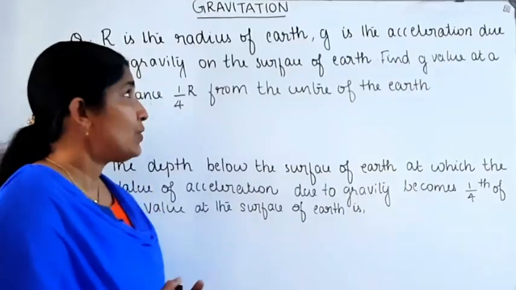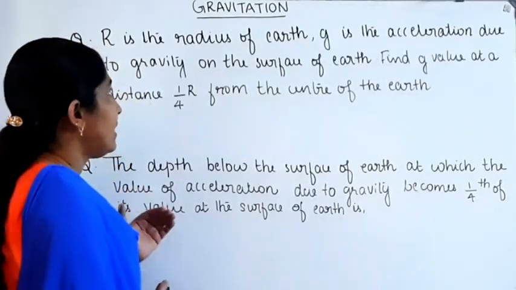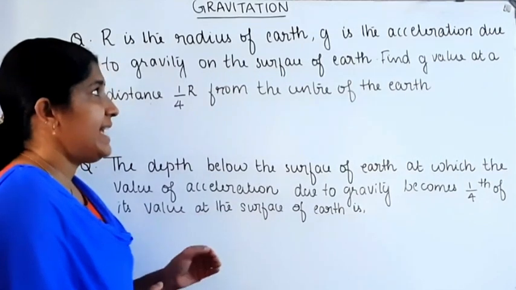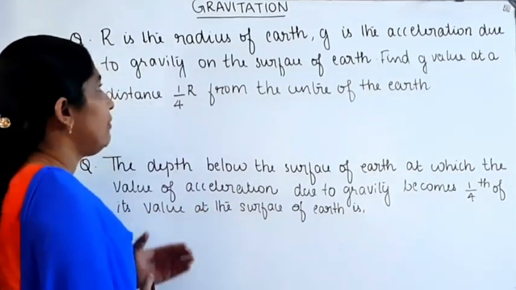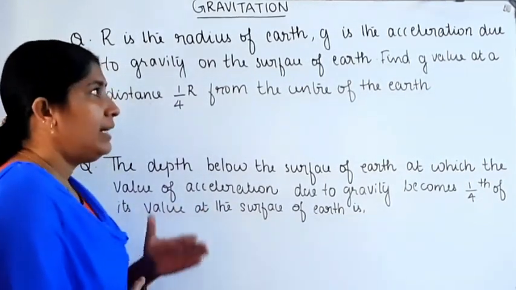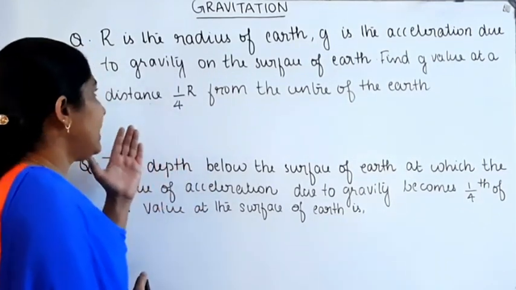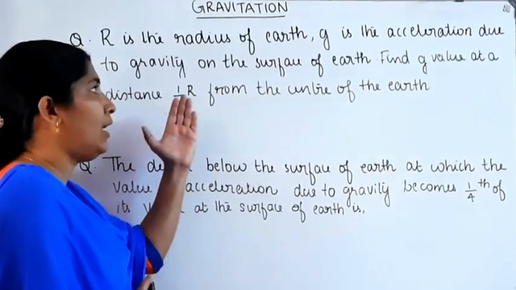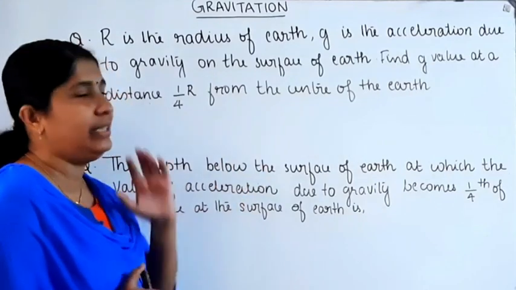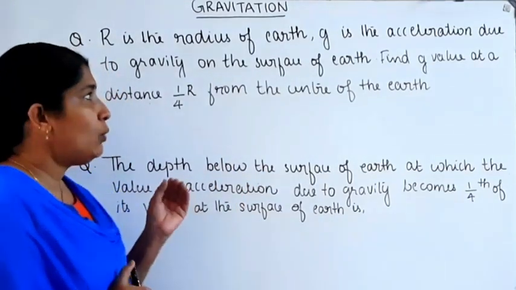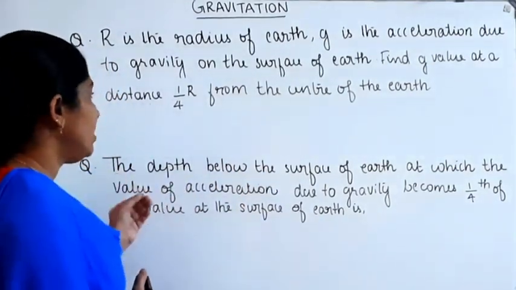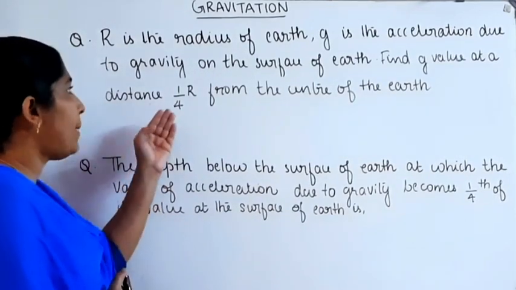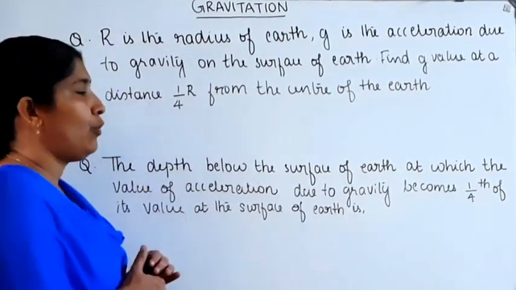Our next question. Capital R is the radius of the earth, g is the acceleration due to gravity on the surface of the earth, then the g value at a distance 1/4 R from the center of the earth is? What is the acceleration due to gravity at a distance 1/4 R from the center of the earth?